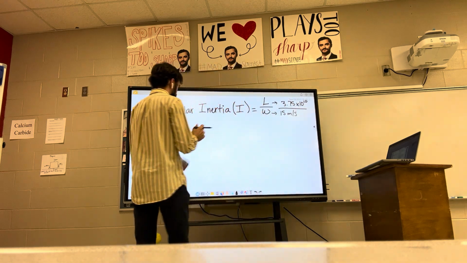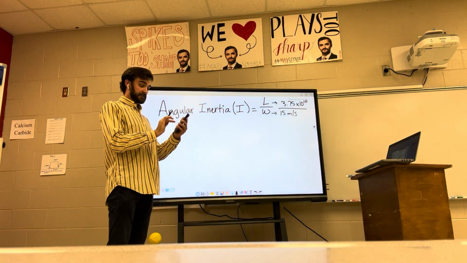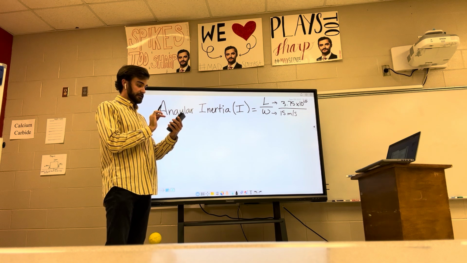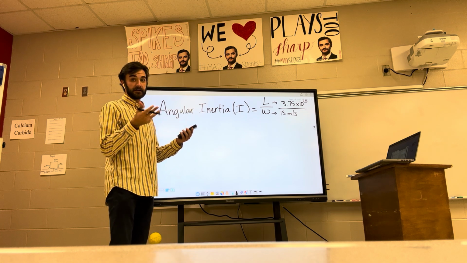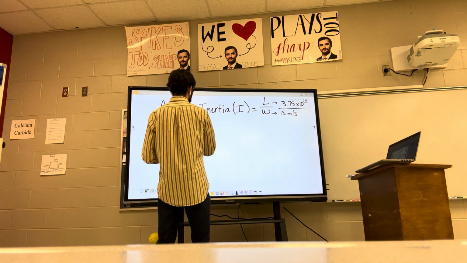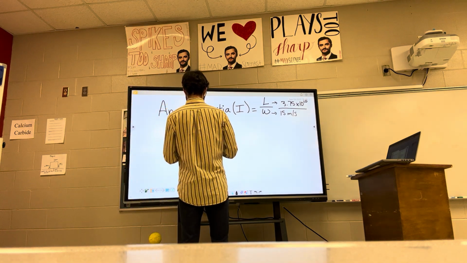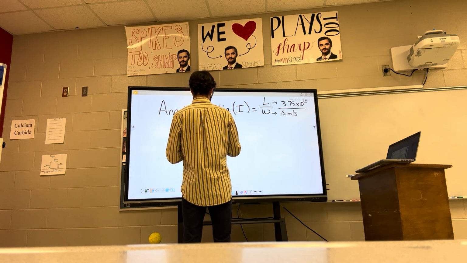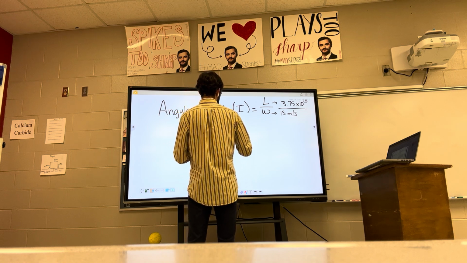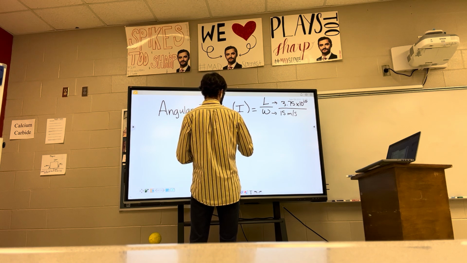So we would divide those two numbers. I can just divide on the answer that I just got. Divide by 15, and, okay, again, another large number. Our angular inertia is 2.5 times 10 to the 8th power.